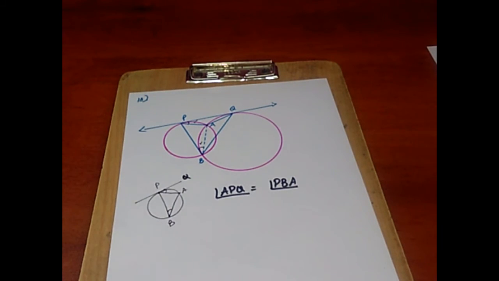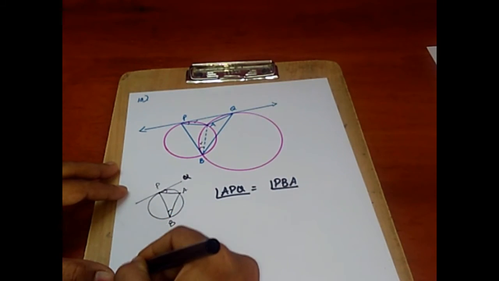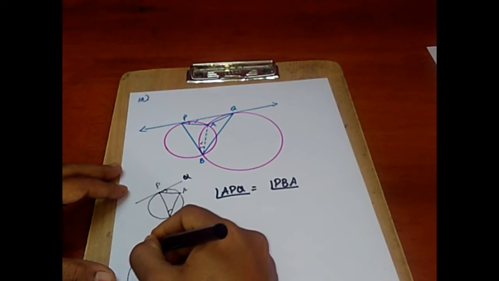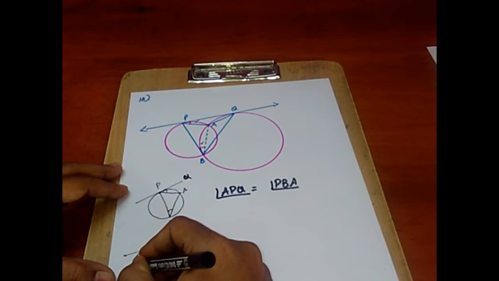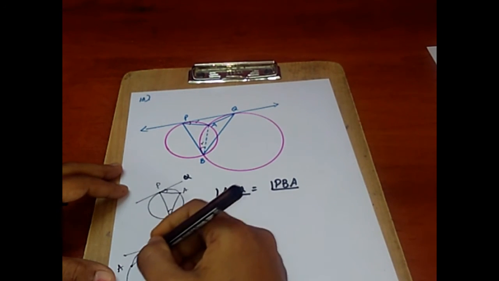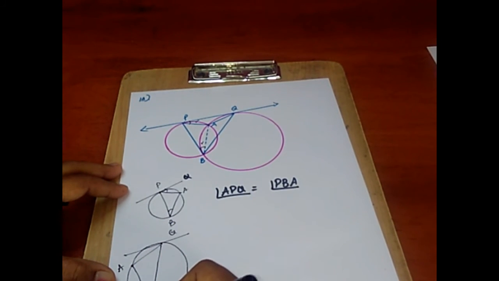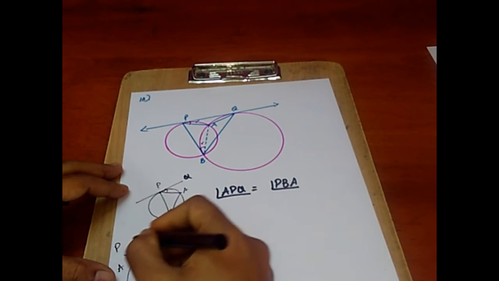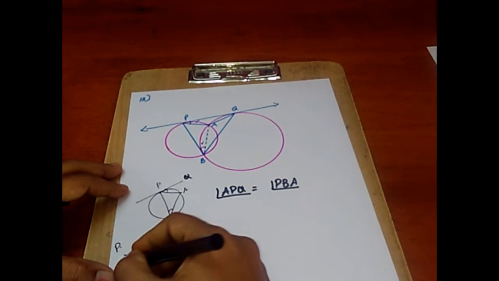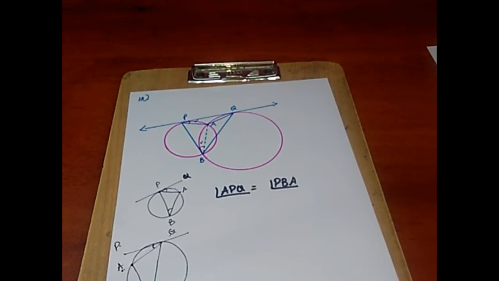Now the second one, the big circle here, also has a tangent at the point Q, there is a chord AQ, and the angle formed in the alternate segment is ABQ. Now I can say that angle PQA or angle AQP is equal to angle ABQ.